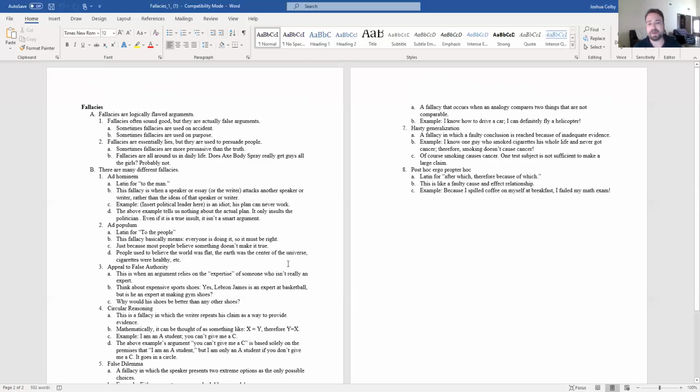I strongly encourage you as you're writing your paper to look for a couple of these in the article you're reading, explain how the fallacy works, what it is, how it's working in that essay, and then whether or not you think the author is doing it on purpose.